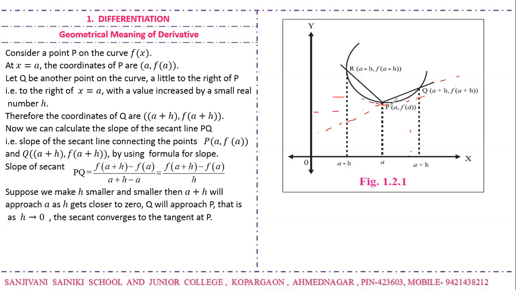So at the final stage, I will get the line which passes through only the point P. We know that if a line touches the curve, then it is a tangent to that curve. So finally I will get the line like this only, and this line we call the tangent of the curve.